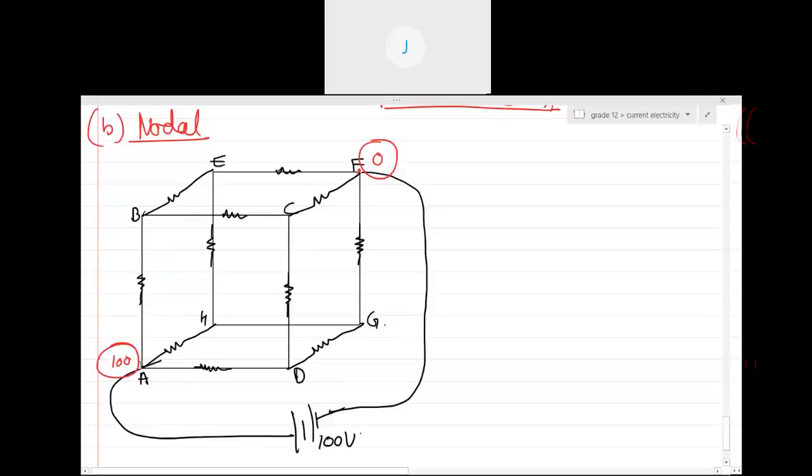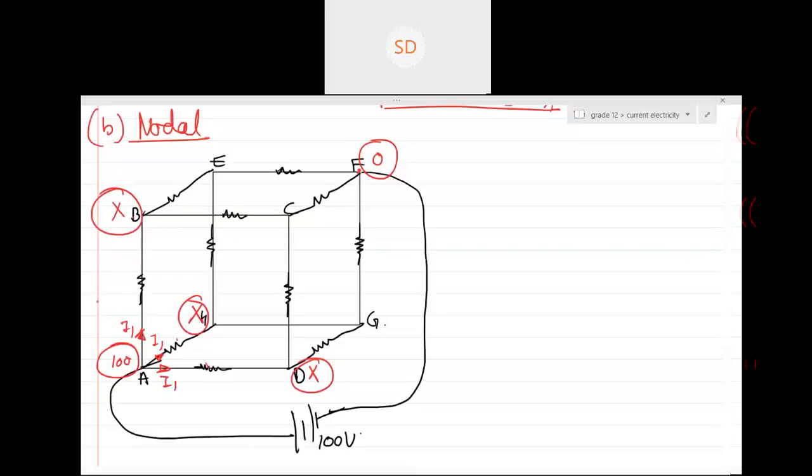Can you see the path? A, D, B. Every path is the same, right? So can you see the same current will go through here? I1, I1, and I1, right? If the same current is going and the same resistance is there, this will be X, this will also be X, and this will also be X. So can you see the difference now?